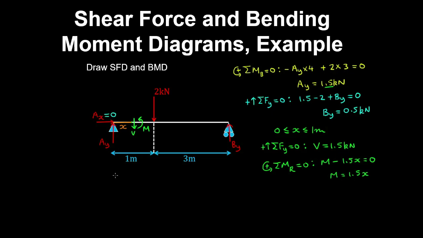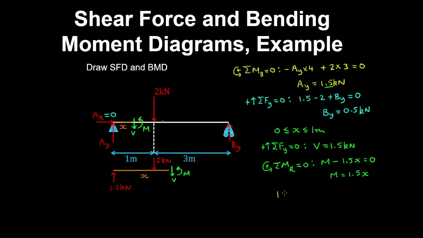And now if we cut out another section that's at some distance x from the pin, but this time the cut is after the external force. So on this free body we have 2 kilonewtons acting, the reaction AY, which is 1.5 kilonewtons, and an exposed internal shear force and bending moment.